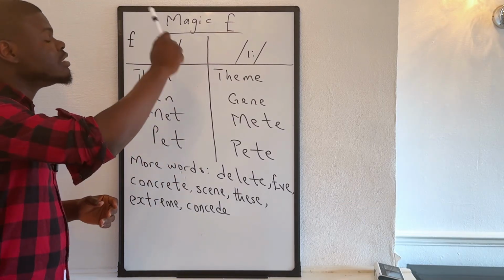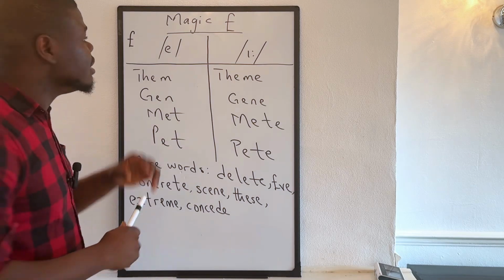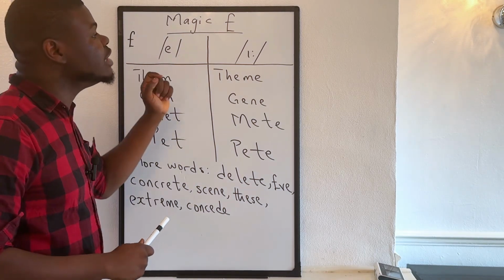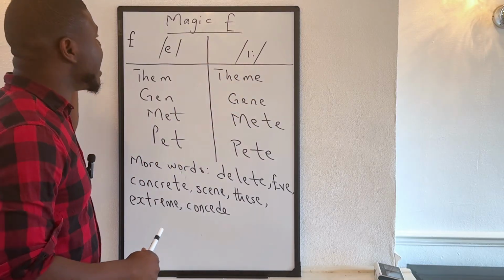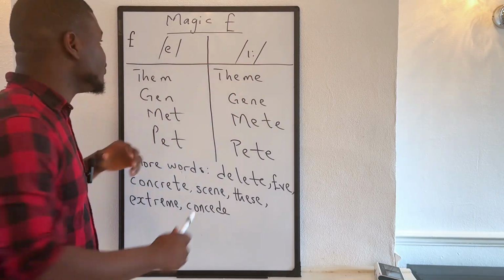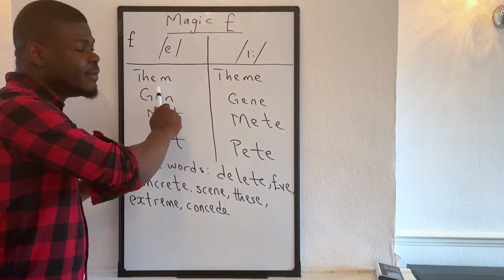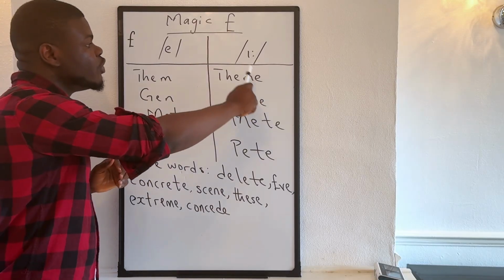However, immediately we add a magic E, the sound changes to E. Yeah, the sound changes to E. So that's what we've got. Here we've got them. When we add a magic E, we've got theme.